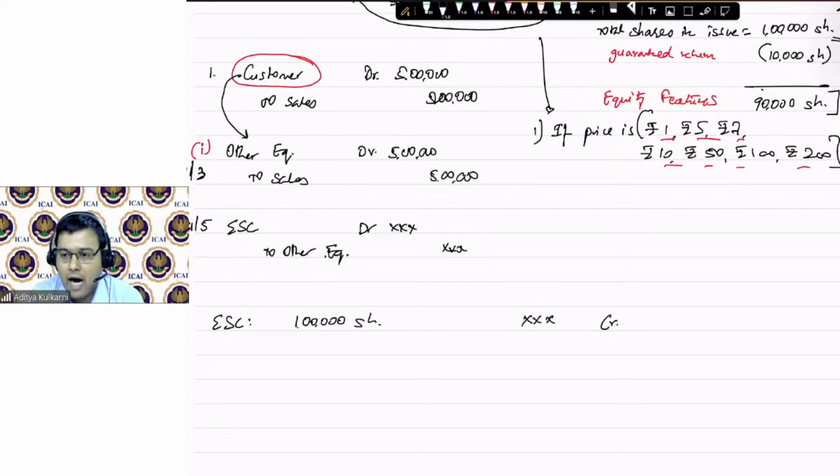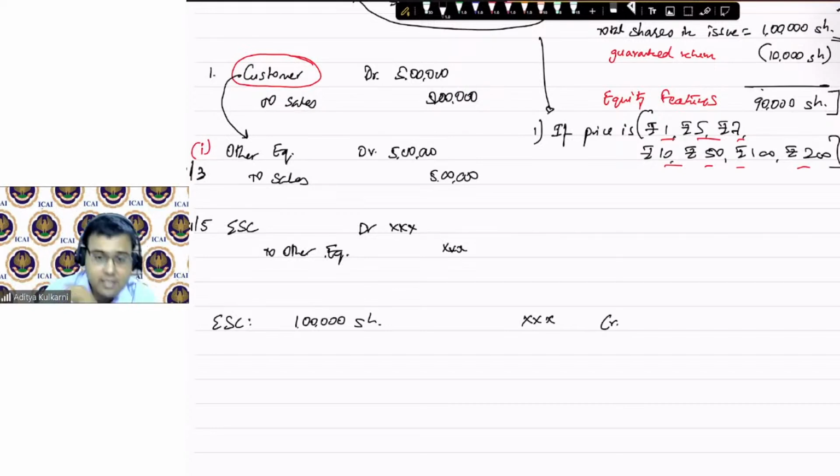Agreed. But out of 1 lakh shares, 10,000 shares, are they exhibiting residual interest or are they exhibiting fixed returns? Sir, they are exhibiting fixed returns. If they are exhibiting fixed returns, they cannot be equity.